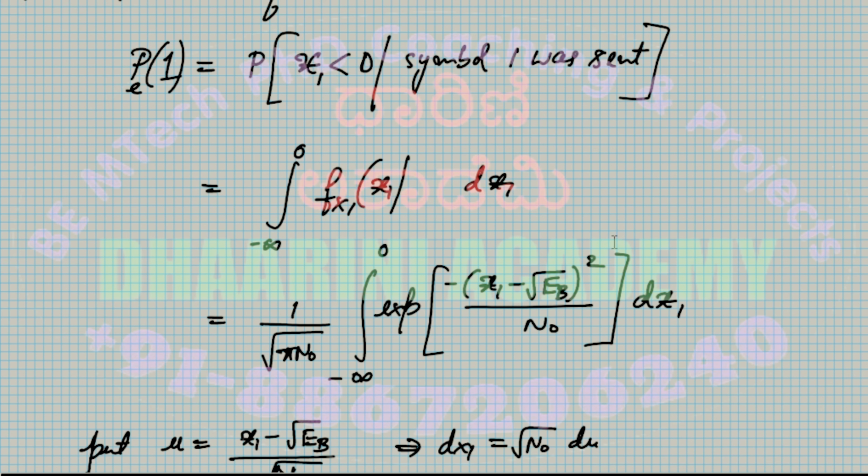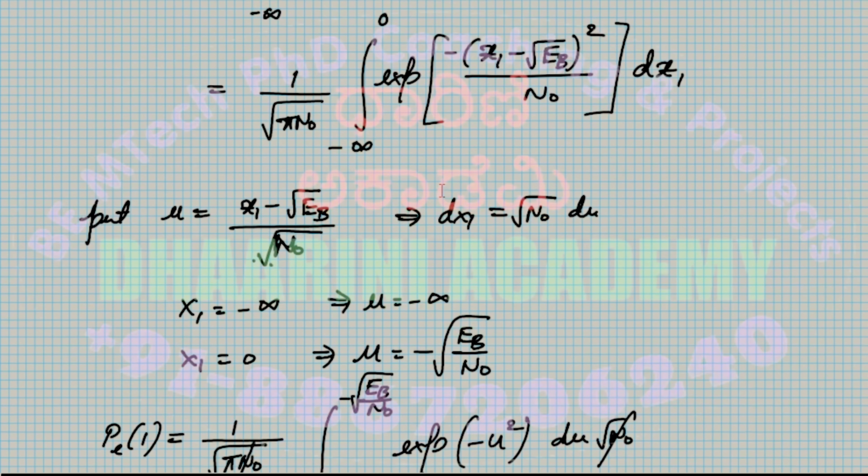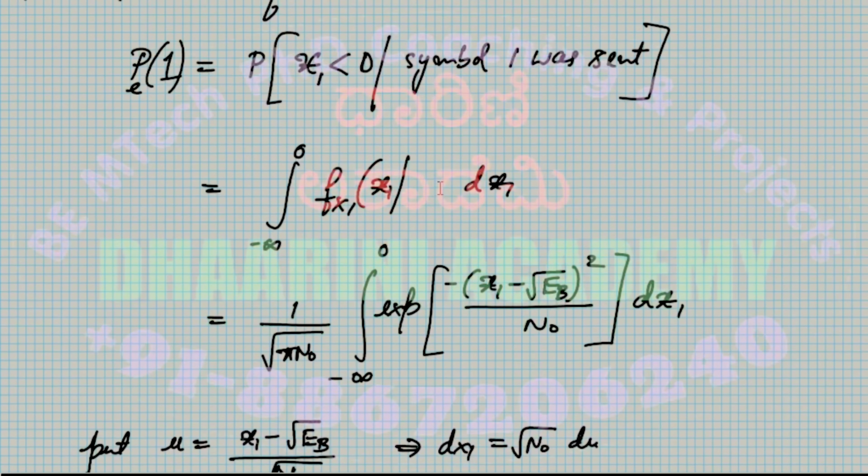We are writing the condition only for error because our concentration now is to find the probability of error. So we separate the problem. Our problem is split up into two cases: one when 0 was sent, second when 1 was sent. That's why every derivation of probability of error has two parts.